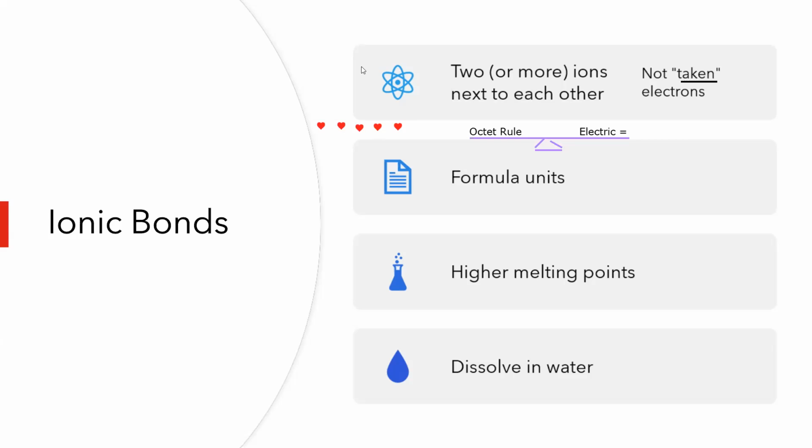It's salt, but you'll get a bunch of sodiums, and then you'll have a bunch of chlorines sitting in between them, and they'll make like a row, and then you'll start a new row, and you'll get a bunch of chlorines next to the sodiums, and they just like sitting next to each other because one is positive and the other is negative, and if they sit next to each other, they get to be electrically balanced, and they have their octet rule figured out. We call what they have a formula unit, because this would be sodium chlorine, sodium chlorine, sodium chlorine, sodium chlorine. The individual piece of it is just one sodium chloride.